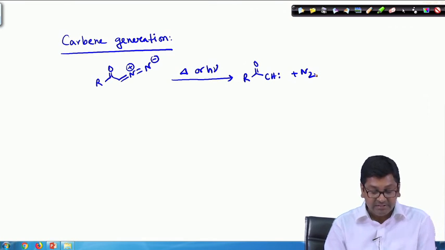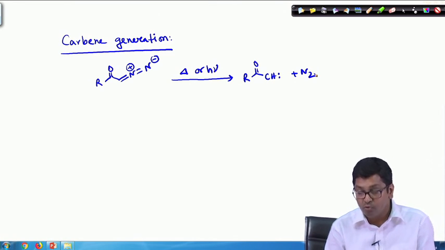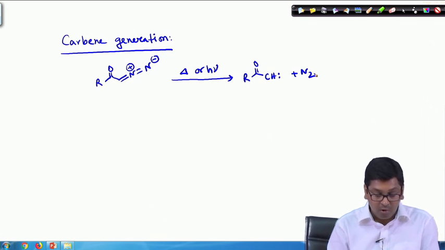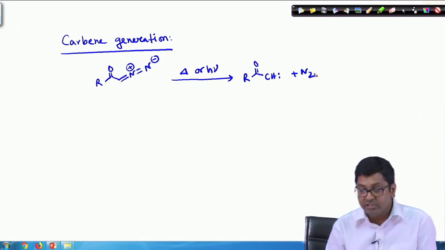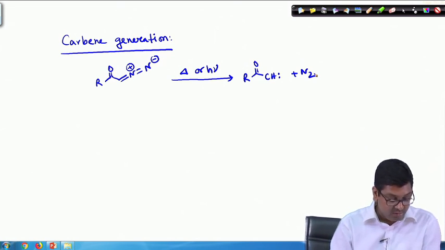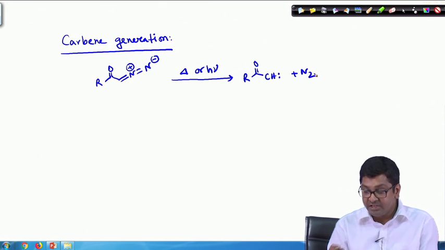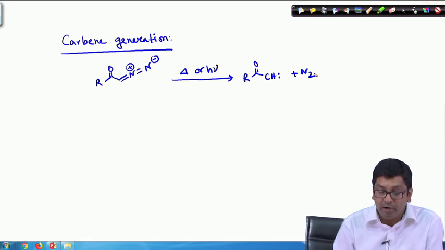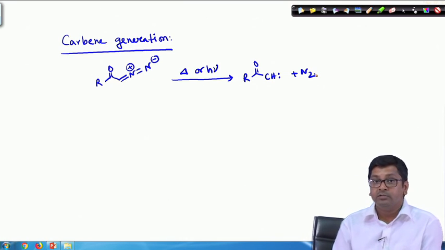We see that generation of nitrogen, one of the most stable compounds, drives such kind of decomposition to generate these carbenes. Okay. So, this generation of the stable small molecule is very important for preparation of these carbenes.